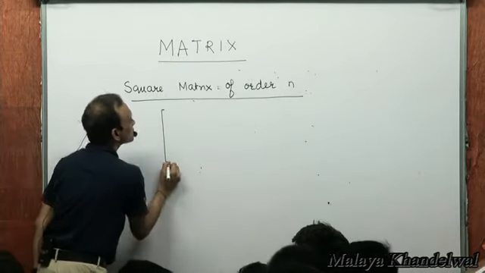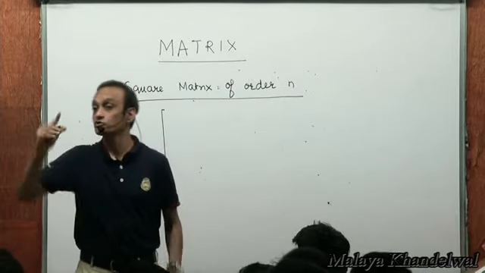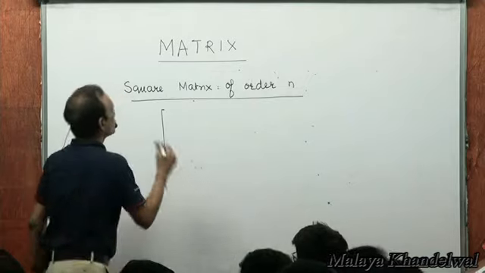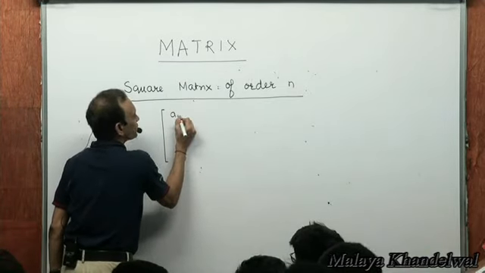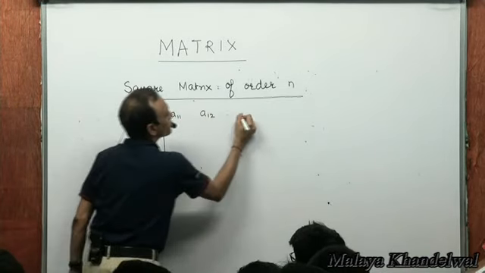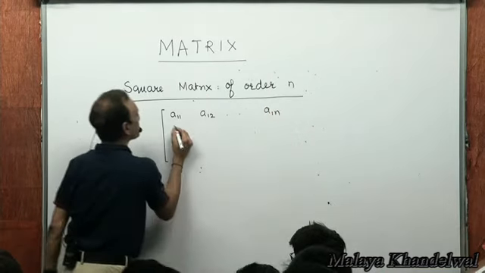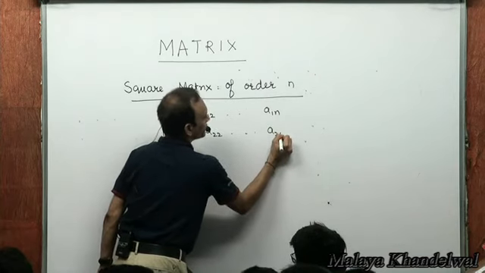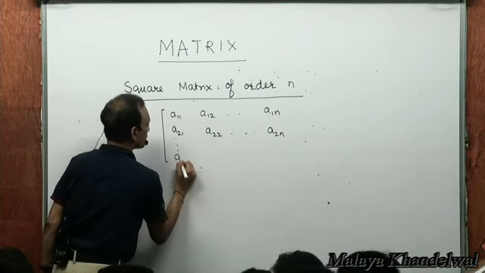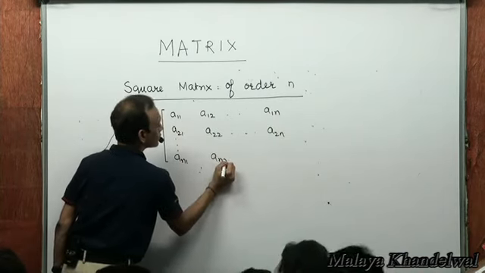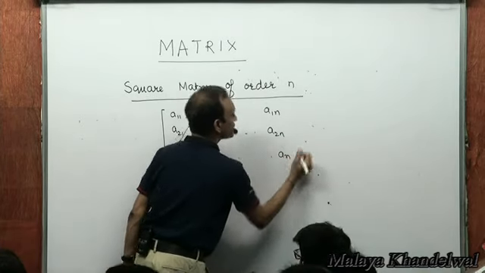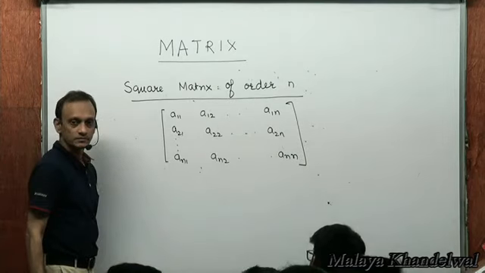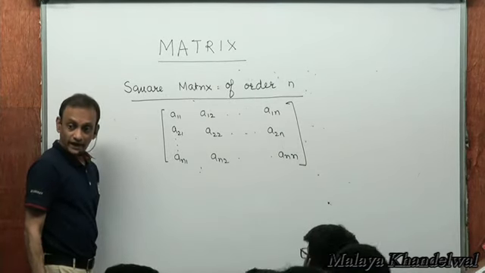That means it's n rows and n columns. Order n means n rows and n columns, right? So we have like A11, A12, A1n, A21, A22, A2n, ANN. That's a square matrix of order n, n rows and n columns.